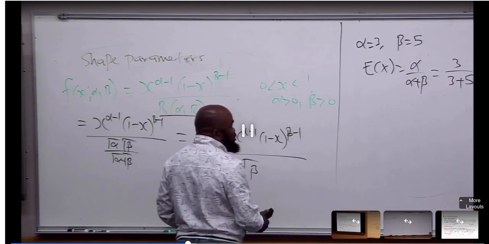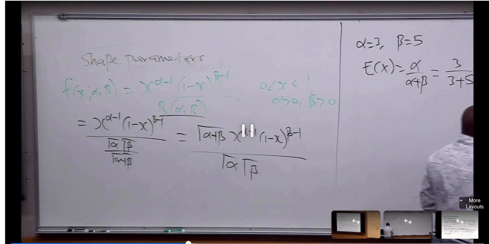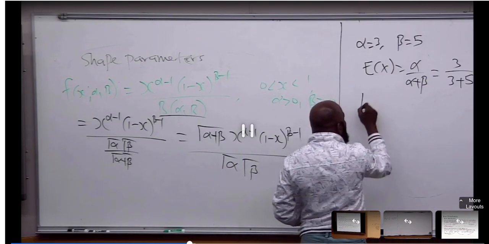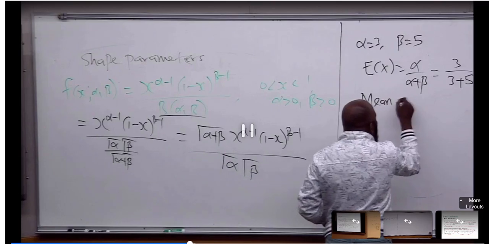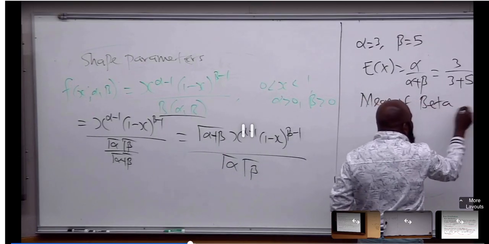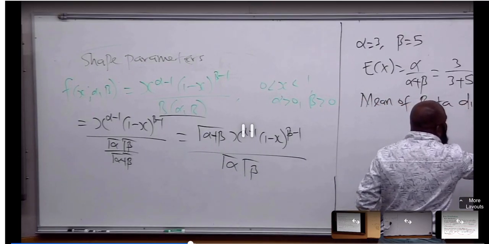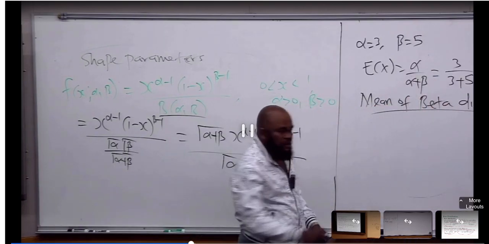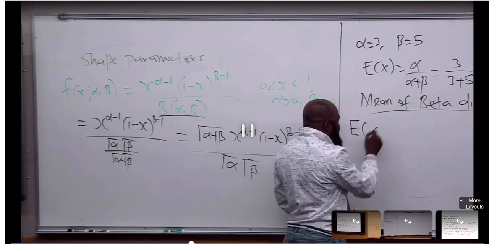Now, what I want to do right now, okay, I want to show the mean of beta distribution. How is the mean derived as this guy? I'm going to write expected value of x.